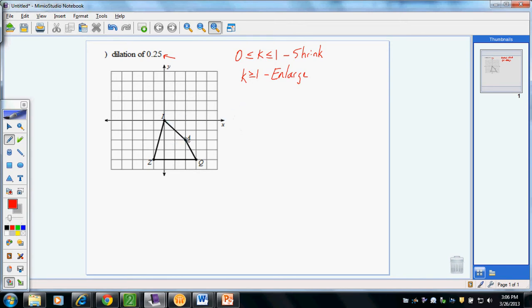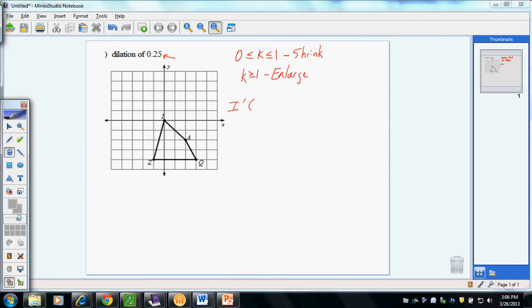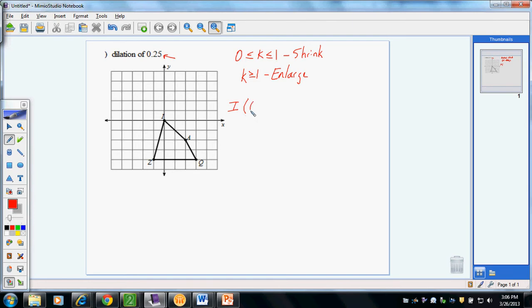We have 4 points. Let's go ahead and just mark those 4 points. We have I, and I is going to be, actually that's not I prime, it's just I. Our point here is going to be 0, 0.